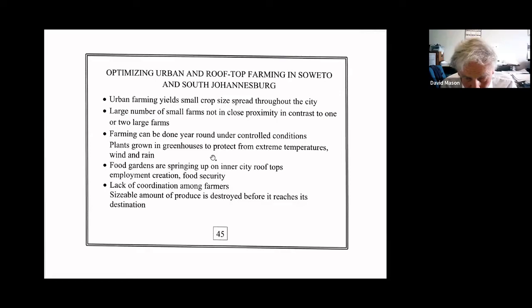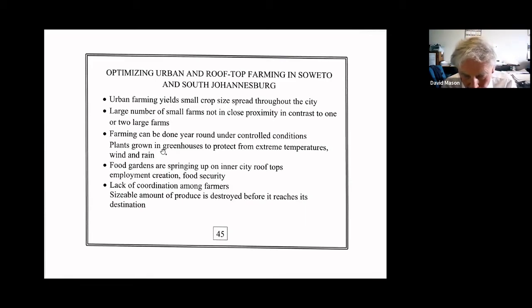There's another important point, that farming can be done year-round under controlled conditions, because they actually grow it in greenhouses. It's quite sophisticated. We don't want all the farmers putting the same produce on the market at the same time, because that would drive down the prices.